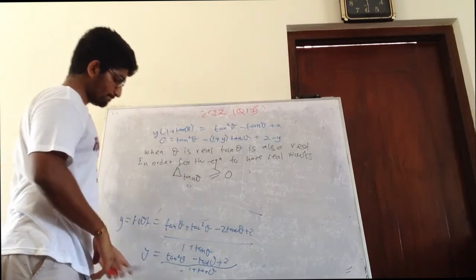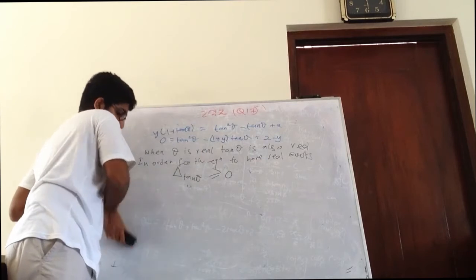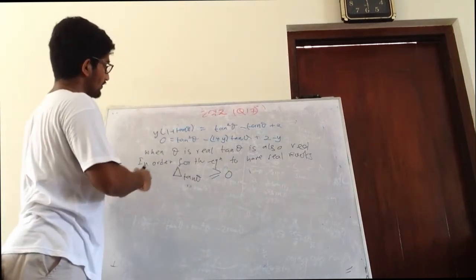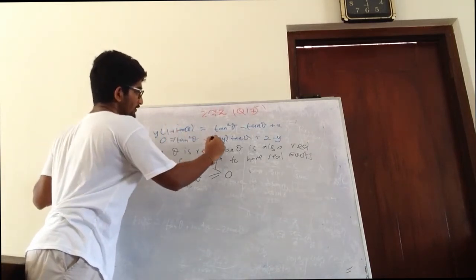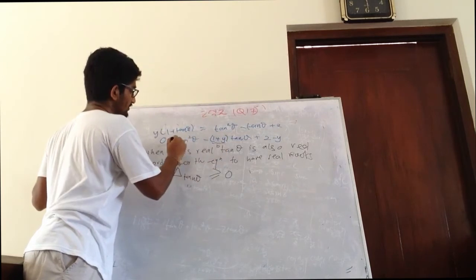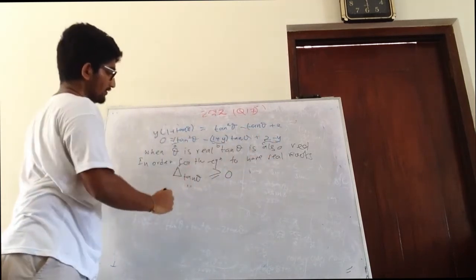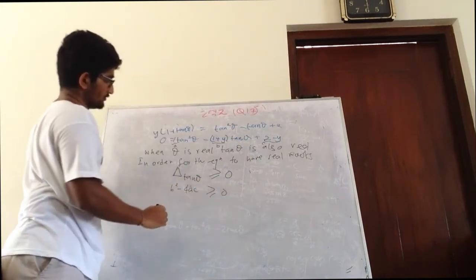So if we continue, the coefficient of tan square theta is 1. This is basically A, this is B, and this is C. So B square minus 4AC is greater than or equal to 0.